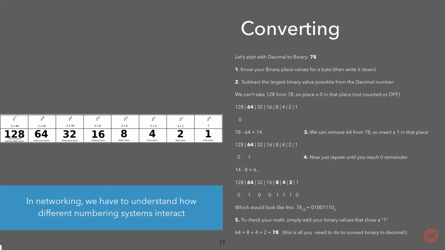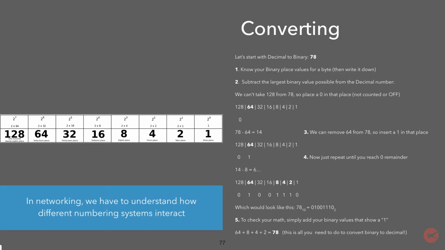Numbering systems like hexadecimal, which is a base 16 numbering system. And I know that sounds a little bit daunting, but it's not too bad if you keep it in the context of binary. And we're almost always going to be working with values of 0 through 255 because we're almost always working with bytes.